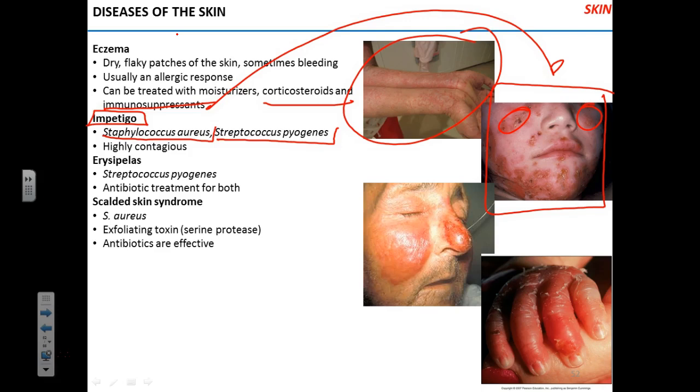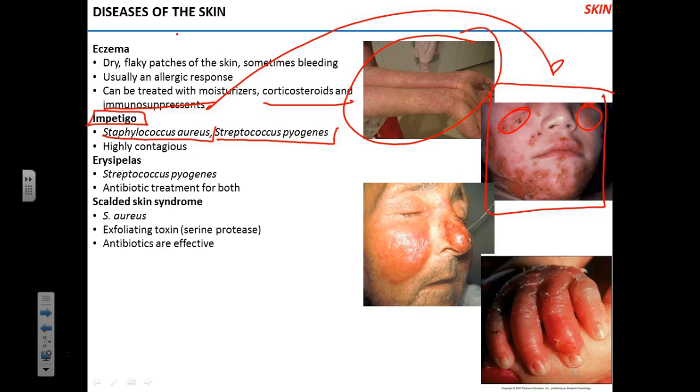The main risk associated with impetigo is if the microbe migrates deeper into the skin, into the dermis or a subcutaneous layer. That can be a problem. Also, obviously, these lesions are more prone to secondary bacterial infections.